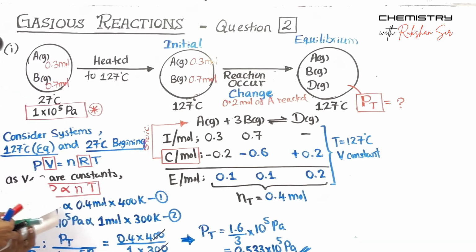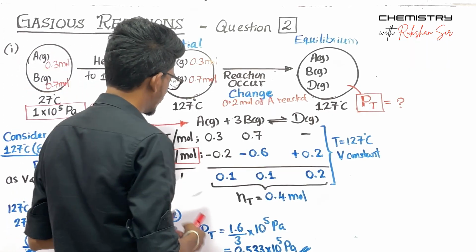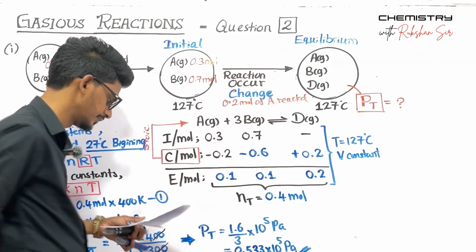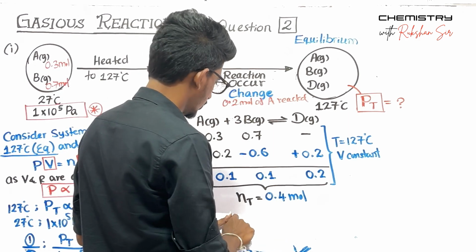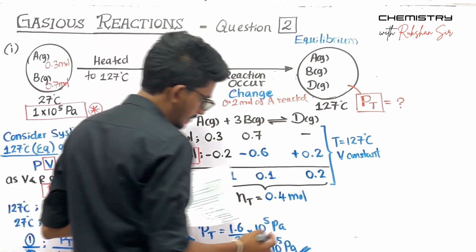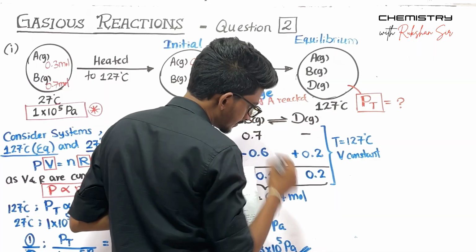So if we are okay with the total pressure, then we can count with the partial pressures as well, right? Let's count with the partial pressures of these three guys there. So I'll write the partial pressures right here.